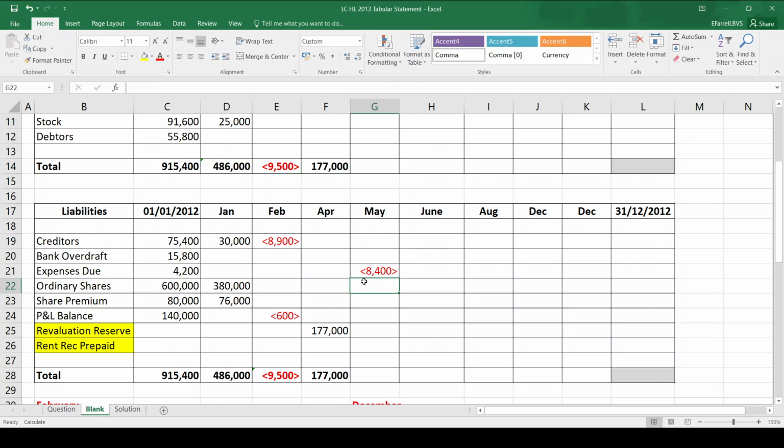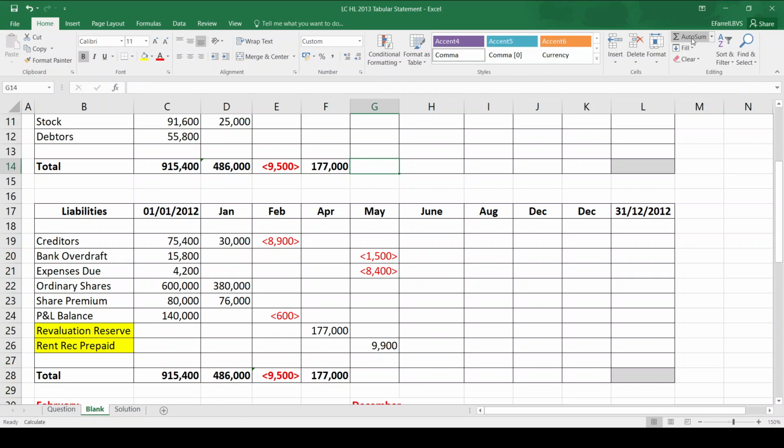The rent receivable prepaid is money in, so that is going to be a positive figure down below here of 9,900. So I'm after getting in 9,900 for rent. I paid 8,400 for expenses. So in total, I'm up 1,500. So that 1,500 is going to reduce my bank overdraft.